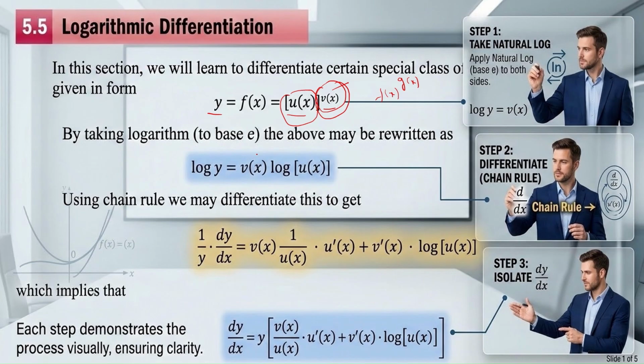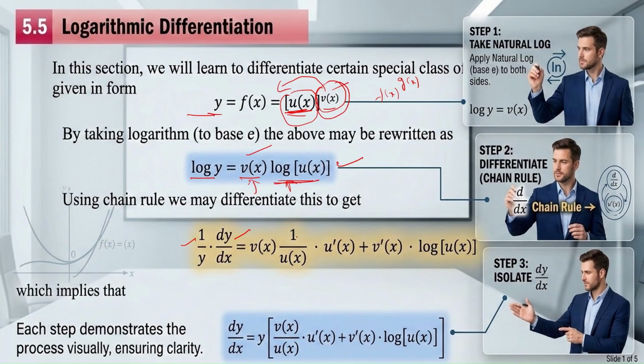Next, taking log on both sides, log y is equal to this. If I apply the log to this function, then v of x comes to the front: v of x into log u of x. Again we have to differentiate this. Differentiation of log y is 1 by y, and differentiating y gives dy by dx. Next I will use the product rule for these two functions. First function as it is, differentiation of log of u of x.